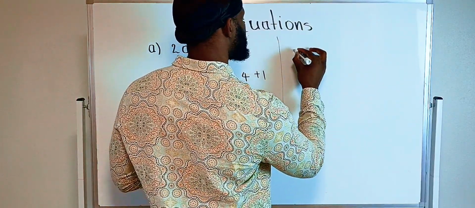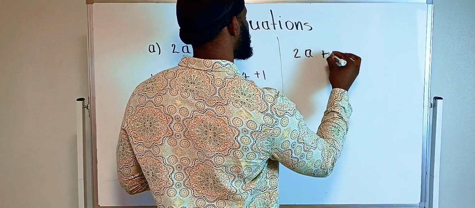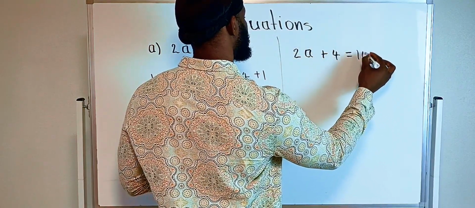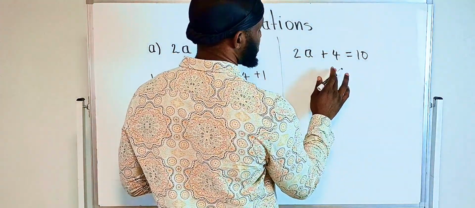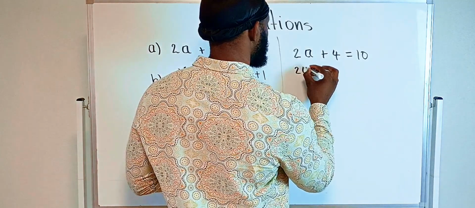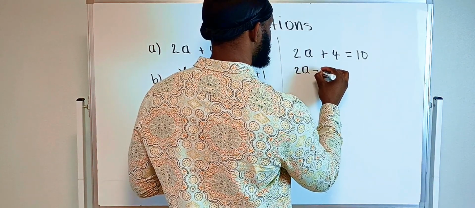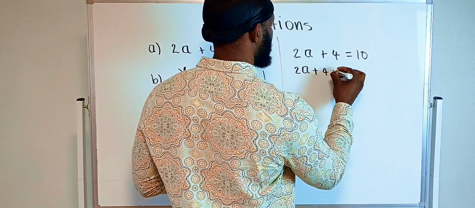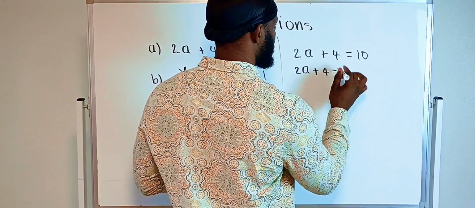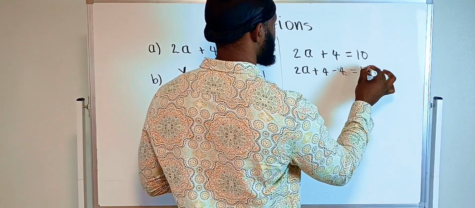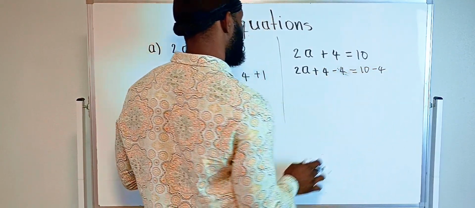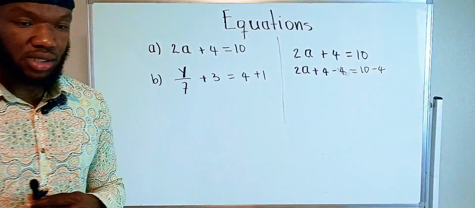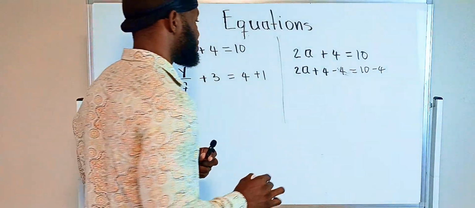So we got 2a plus 4 equals 10. Right now, let's get rid of the 4 first. Minus 4 to both sides. Don't forget, any change that you bring, you should bring to both sides.